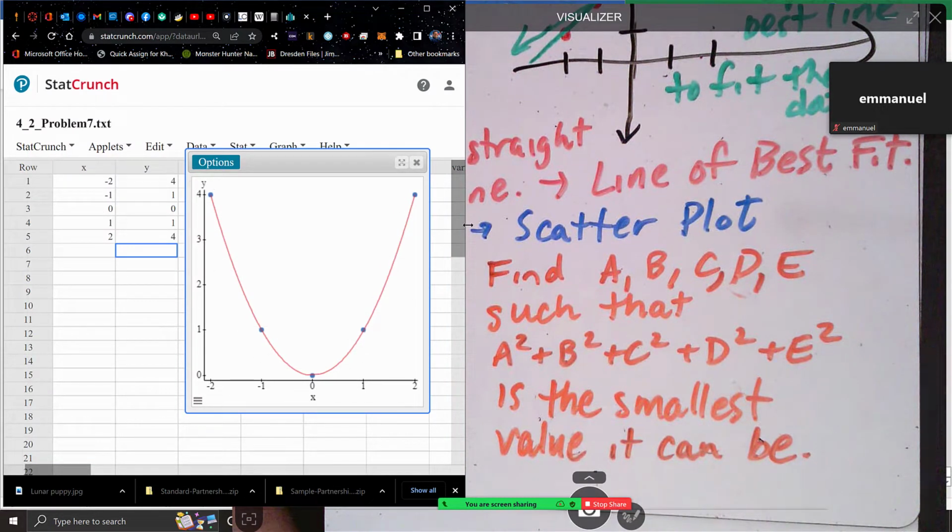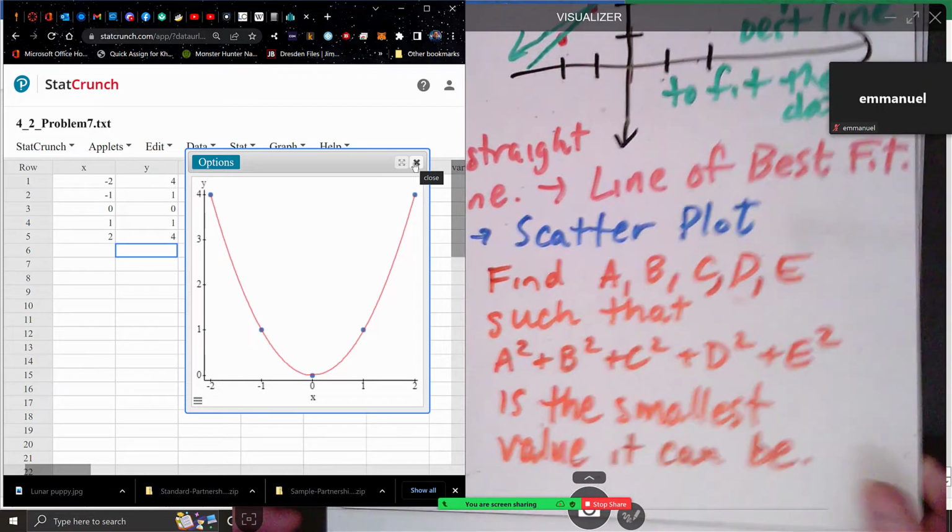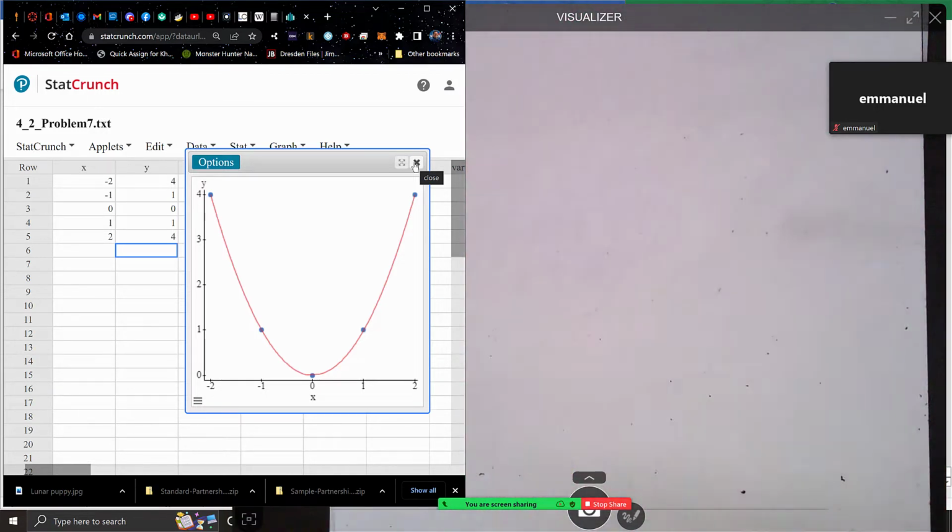It nailed it. So how do they decide when we can use a line and when we require something different? Because a line is really handy. It means a direct relationship between one variable and the other. So let's take a look at the ways we have these dots come together.